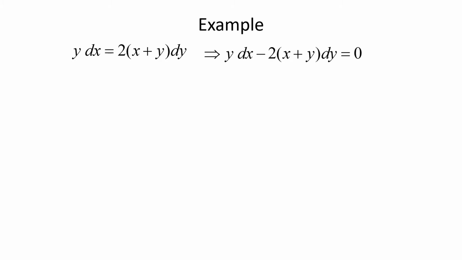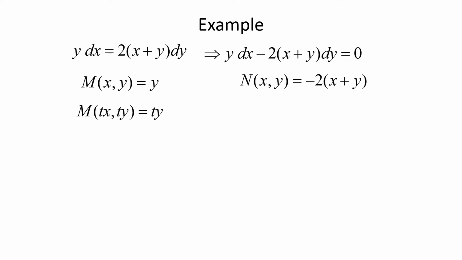Next, we'll check to see that this is a homogeneous equation. So M is equal to y, and N is equal to negative 2 times (x plus y). If we evaluate M and N at tx, ty, we would get M of tx, ty equals t times y. So that's t times M. So this shows that M is homogeneous of degree 1.